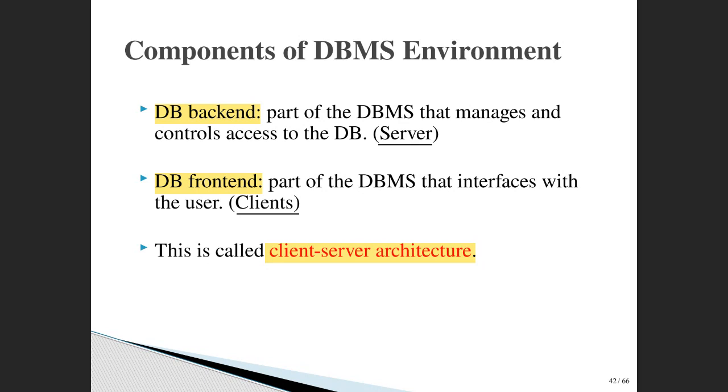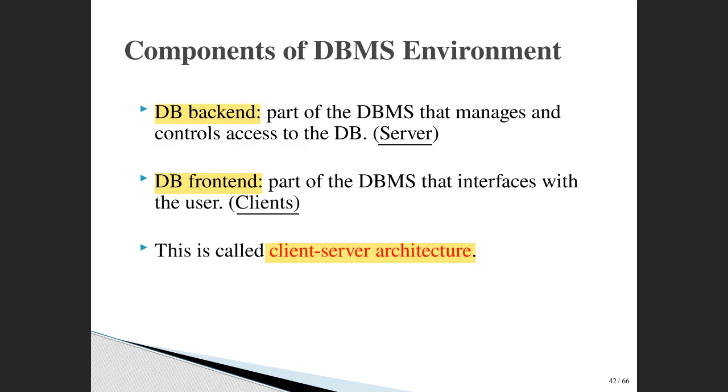Clients, actually, are nodes connected to the server, sending requests to the server to get some services. For example, get access to some locations in the server, or share some information. They can share some hardware like a printer or something. You can share software. So all these are clients.